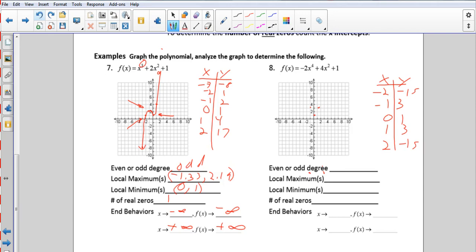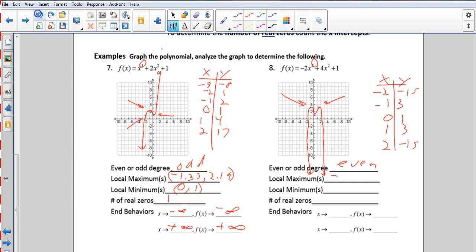And now we get our shape that is kind of like an M, which some of you saw in 3.8. So, even or odd degree? Well, it is even, 4. Notice how they're going in the same direction. Local maximums, once again, there's 2 of them, 1, 2.